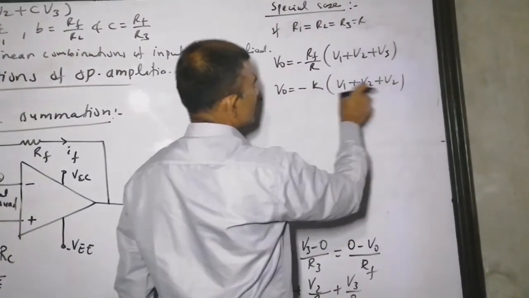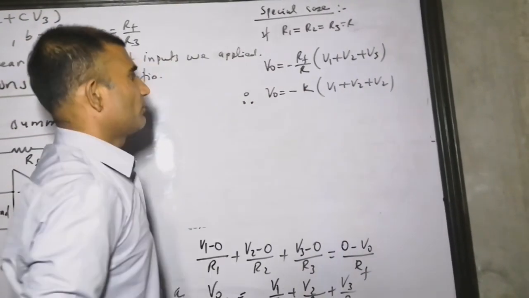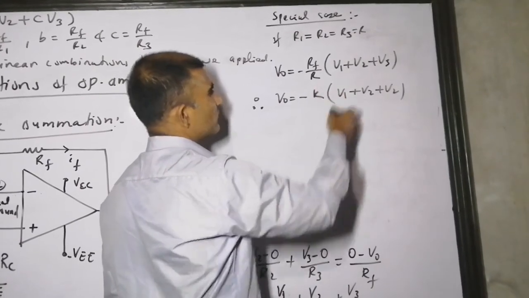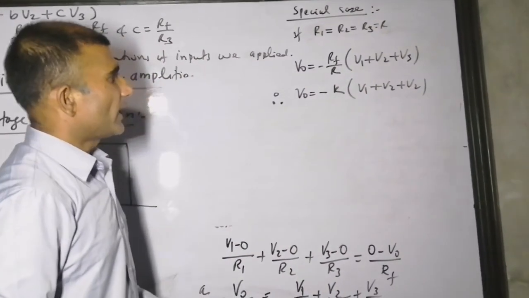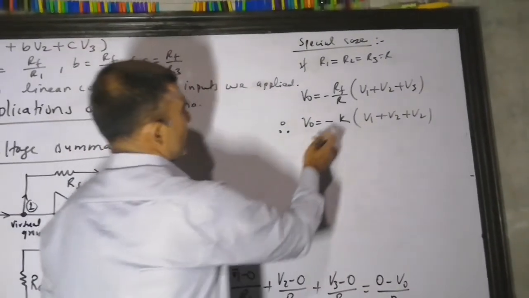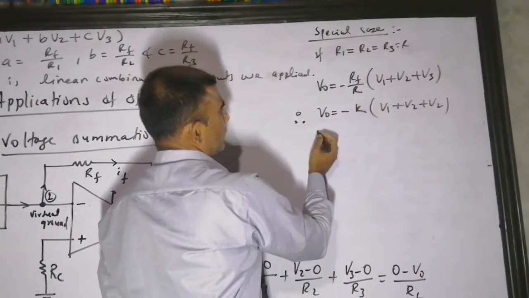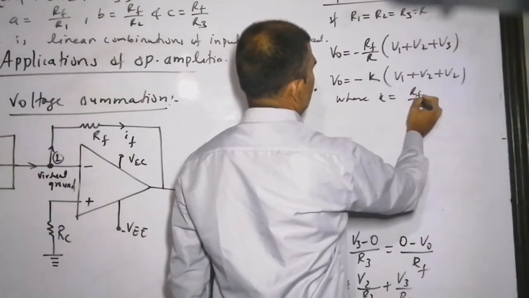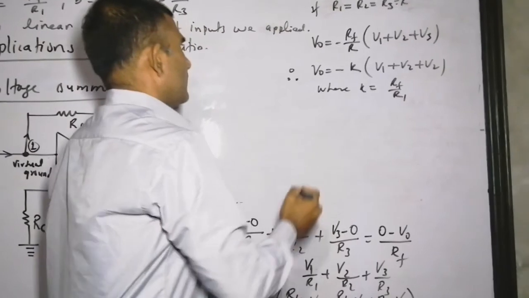Of course we will get a scaled sum, meaning we can take the value of k as 1 by 2, 2.5, whatever multiple of the sum we want, we can get. But our aim is to find just a sum. So again I take k as 1, where we suppose k is equal to RF by R1.